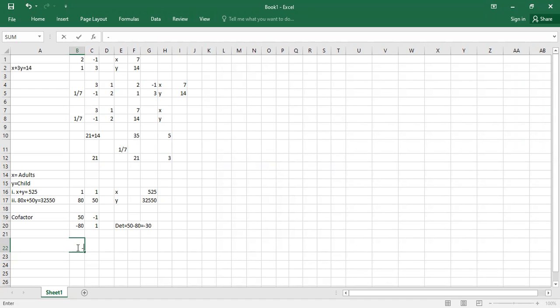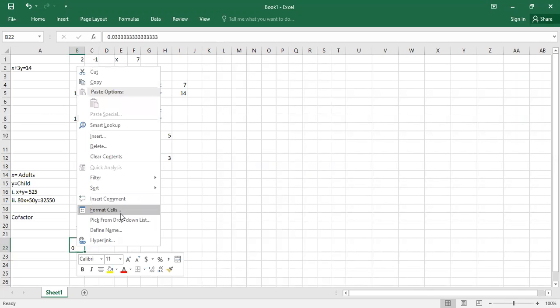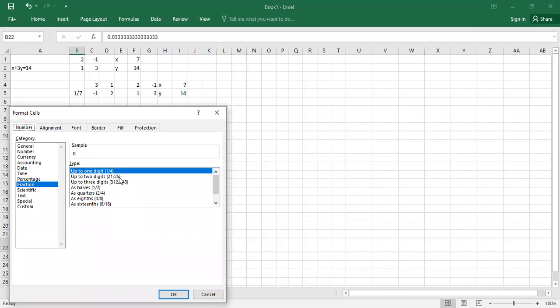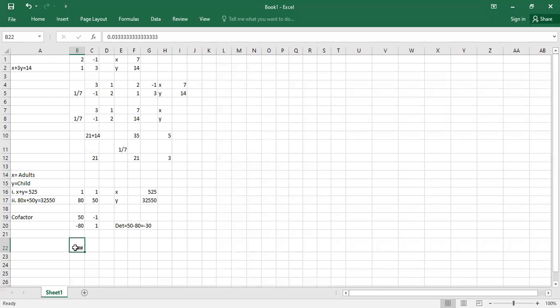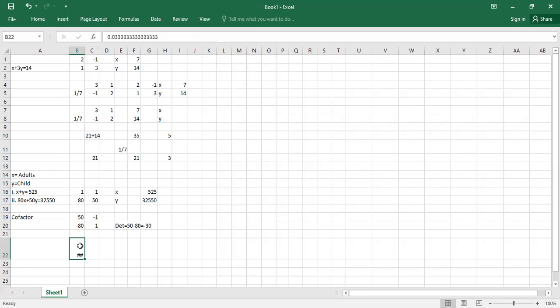The challenge of working on Excel is it has inbuilt formulas. Let me try to use 1 over 30. But in your mind, you know it's a negative, right? So many answers. Let me see whether it will accept. Not accepting. Don't know why it's misbehaving.